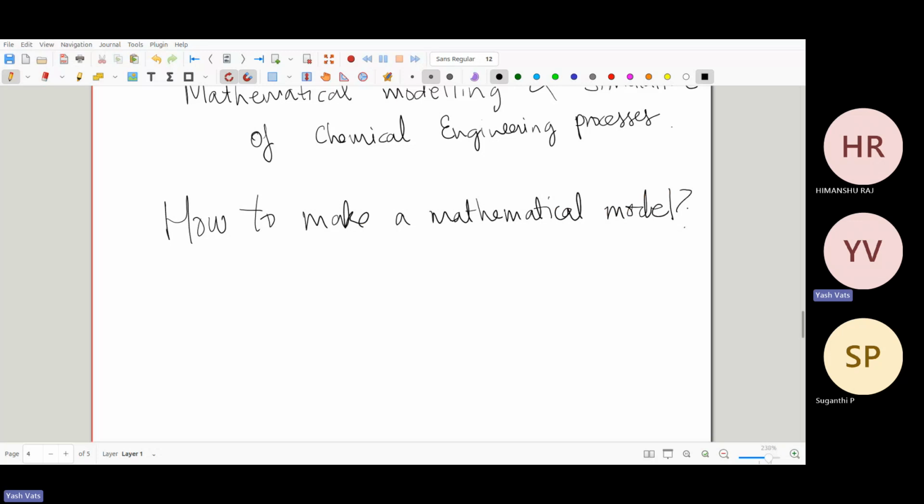What are the steps to make a mathematical model given you have real data, or some kind of real world process, whether it's a chemical engineering process or a biological process, in general any type of process? How do you make use of mathematics in that? That's one part of this course, so I start with that.